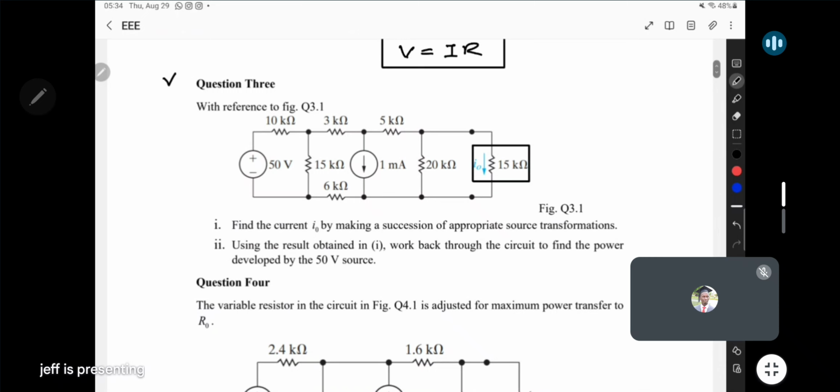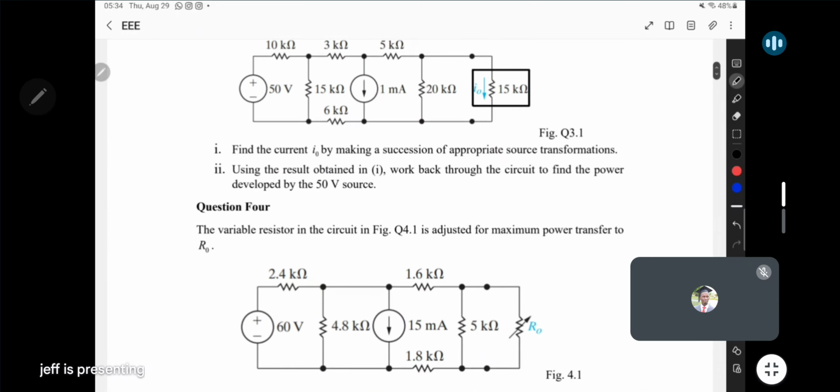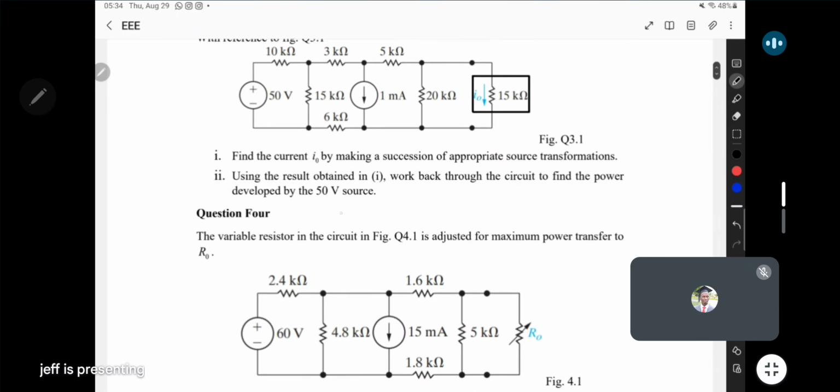In source transformation, you should understand that if you have a voltage source connected in series with a resistor, so if this is a voltage source V supply connected in series with a resistor R here, according to source transformation, you can actually transform this resistor and voltage source. Let me do it somewhere more visible.